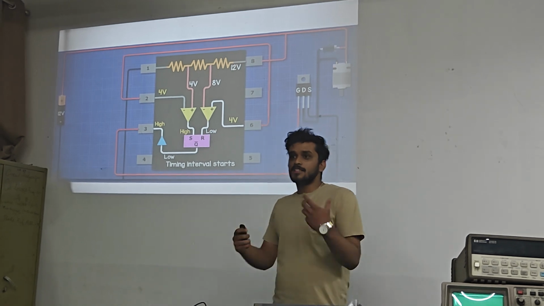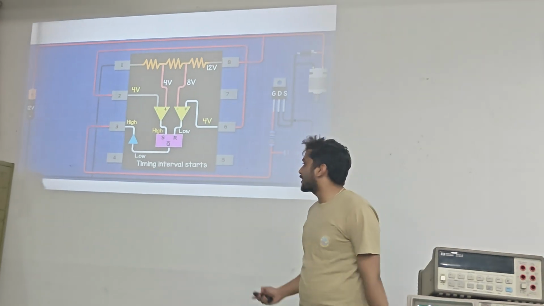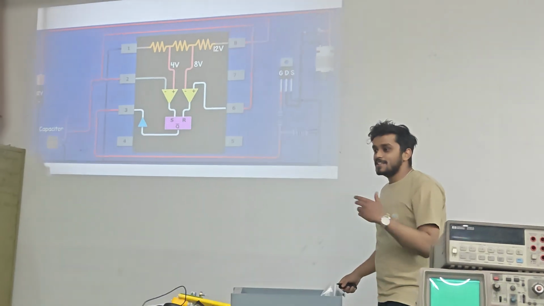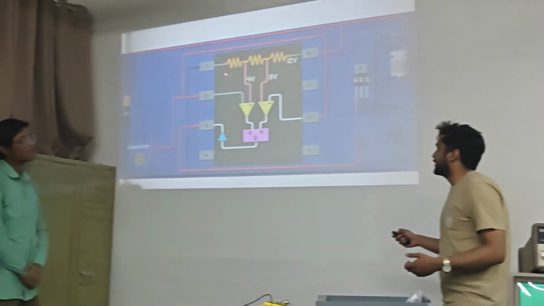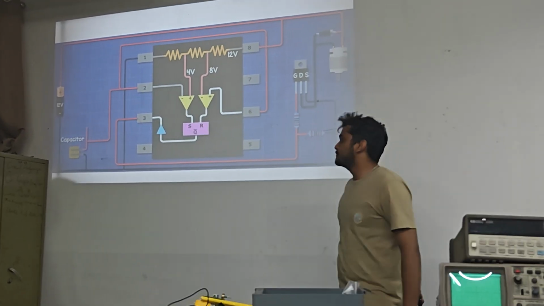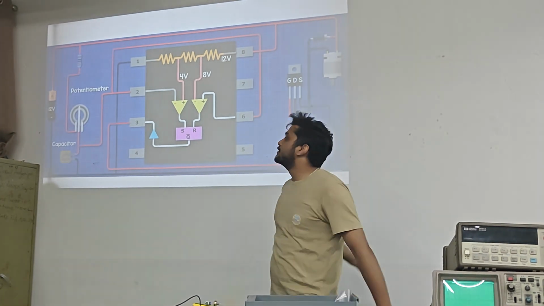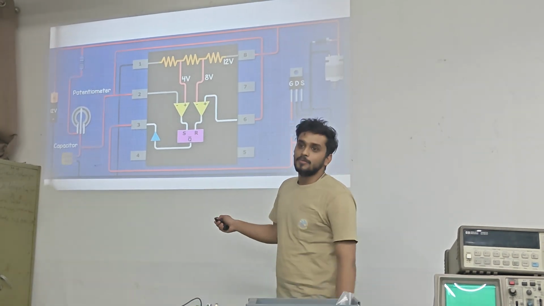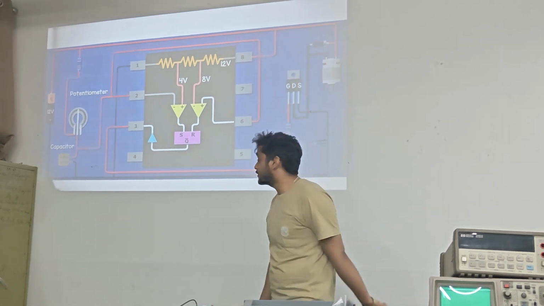Now we have given a varying voltage in pin number 2, right? To get the varying voltage, one of the best methods is to use a capacitor. So the charging and discharging of the capacitor will actually decide the output of the flip-flop, and consequently we can control the DC motor. Now to charge the capacitor, we have used a 1 kilo ohm resistor over here, and we have used this 100 kilo ohm potentiometer.